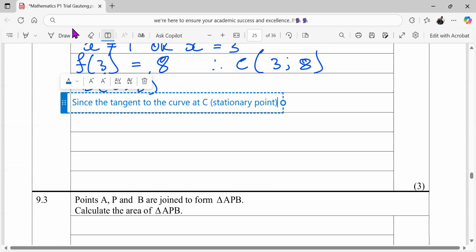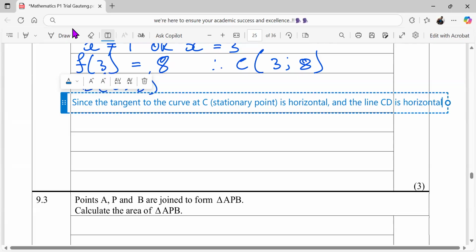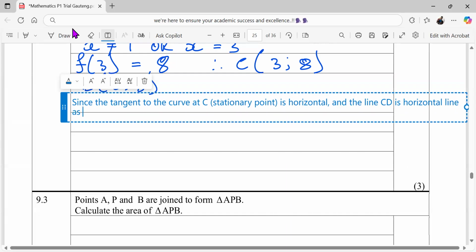Yes, since the tangent to the curve at C, which is a stationary point, is horizontal, and furthermore, the line CD is horizontal as well. Since a tangent is a horizontal line, and the line CD is a horizontal line as well, then what?